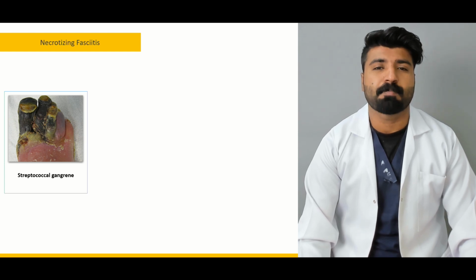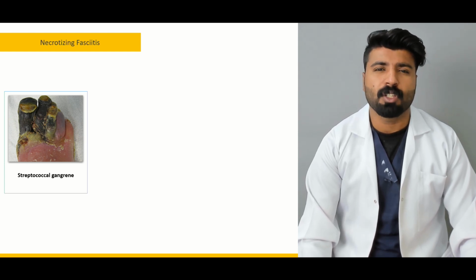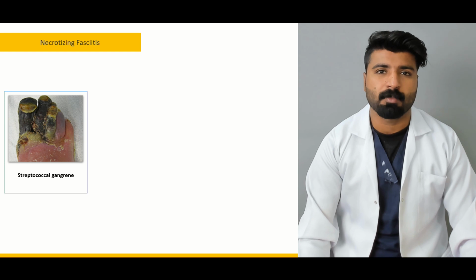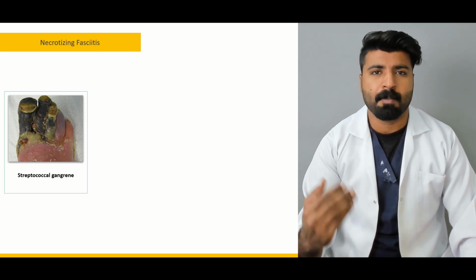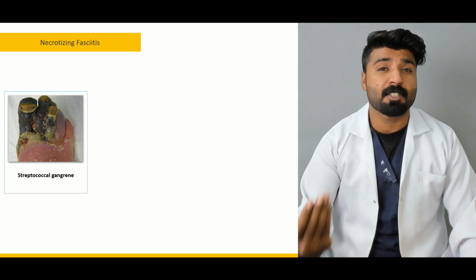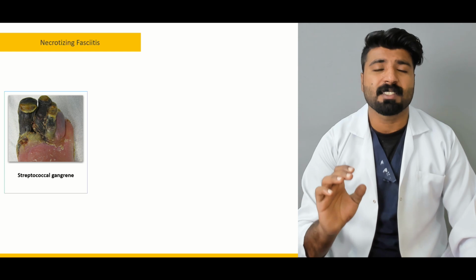Now what's its pathophysiology? There's an entry of organisms due to any reason. We talked about surgery; there might be some break, or hematogenous spread happens, or whatever the reason is.